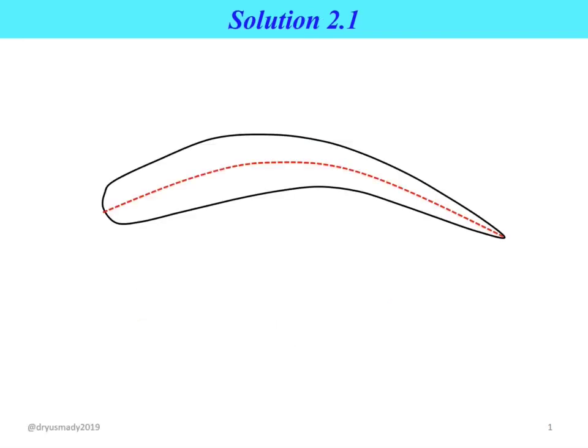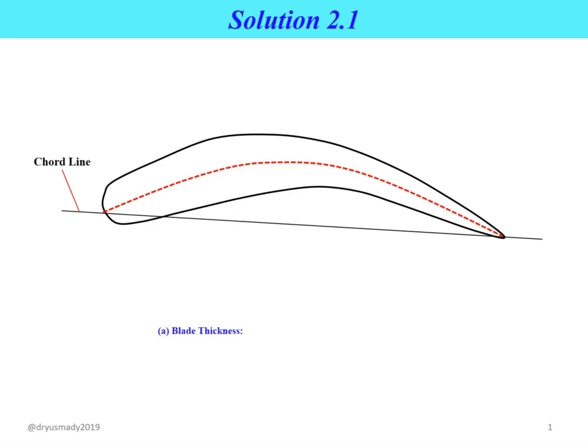So now we have the actual features of the blade profile mentioned in example 2.1. So first, the question asks you to determine the maximum blade thickness. First, what you need to do is draw the chord line. In order to draw the chord line, you need to connect the leading edge point and also the trailing edge point.